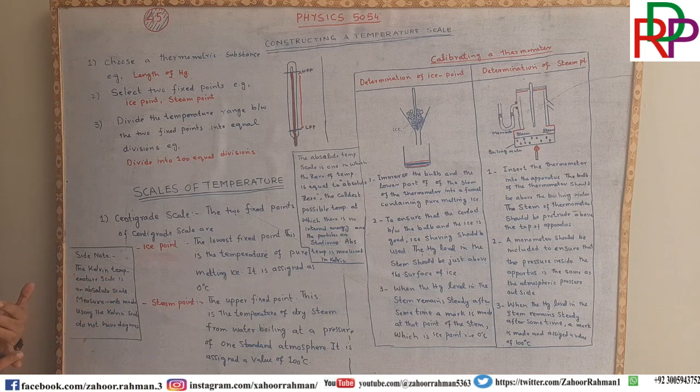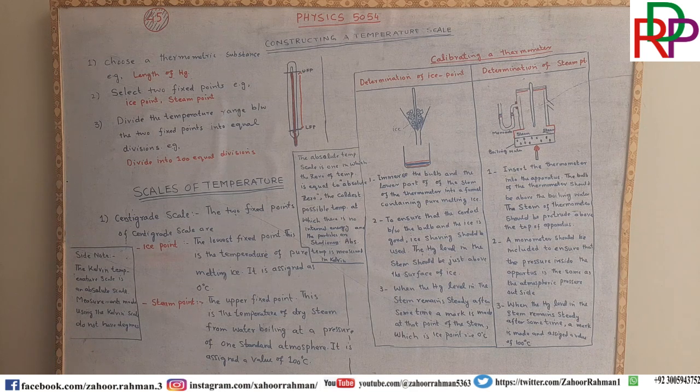First you have to select a thermometric substance. Then you have to find the ice point and steam point. Ice point is the lower fixed point and steam point is the upper fixed point.